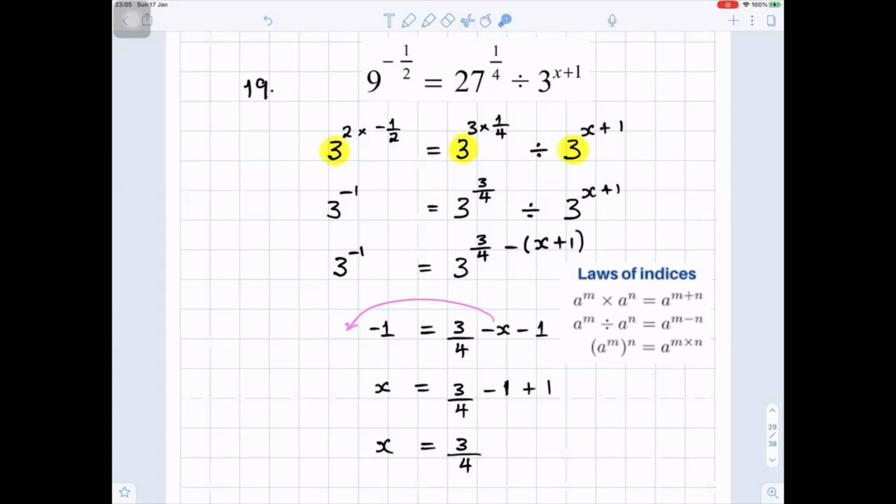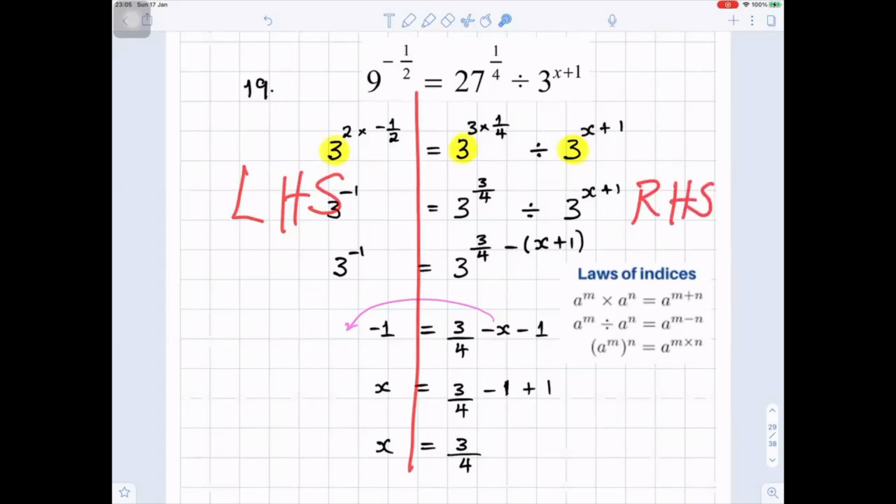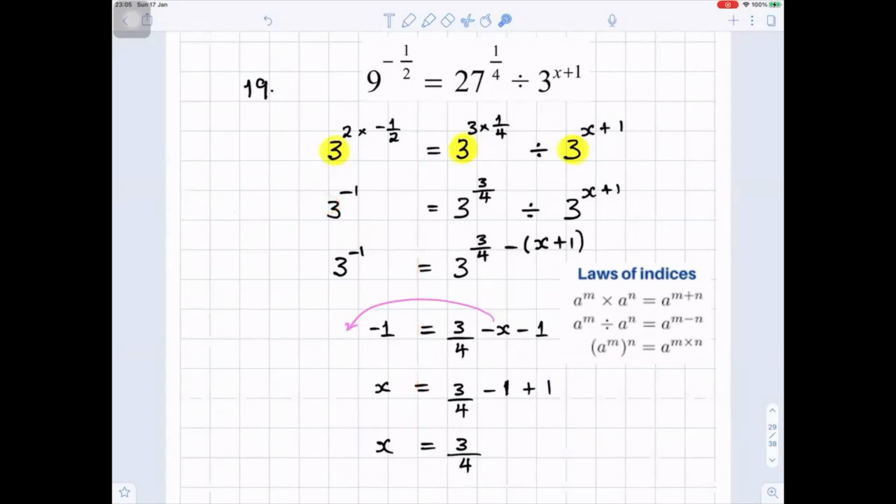Now on the right hand side, if you put a line like that, that's your left hand side, and that's your right hand side. On the right hand side, we can put these two powers together because the base is 3 and 3. So it's 3 over 4. When you divide, you subtract. So it's minus, put that in brackets, x plus 1.